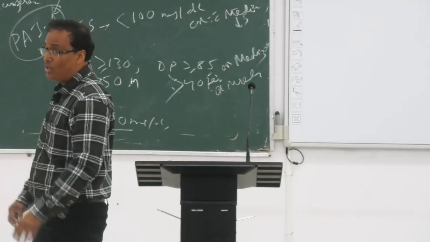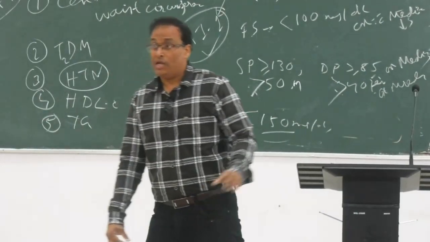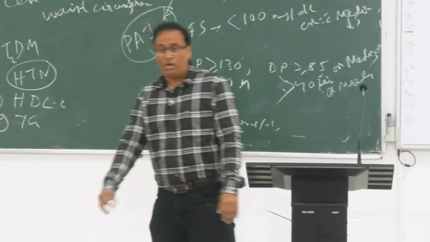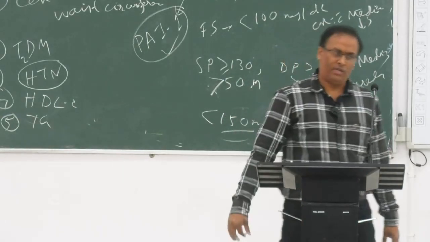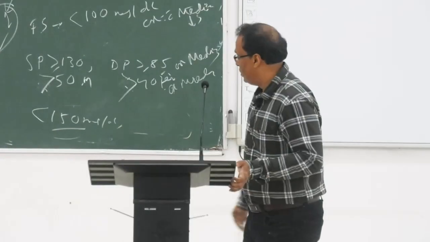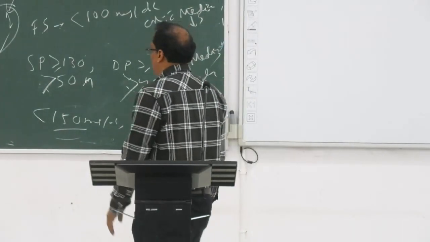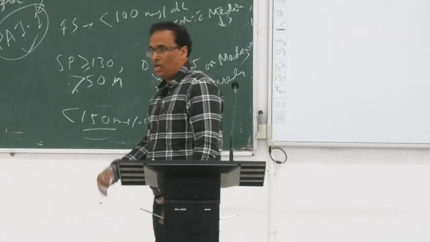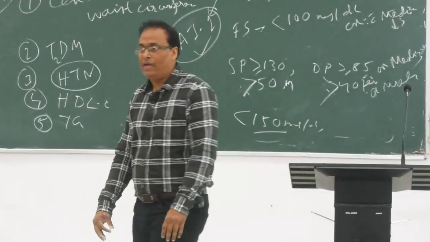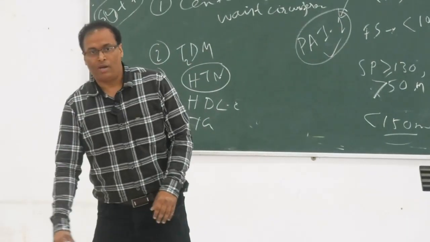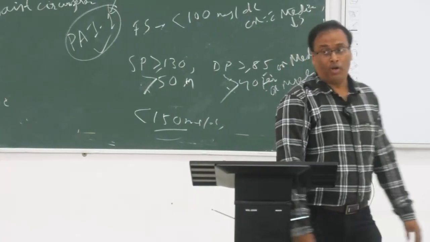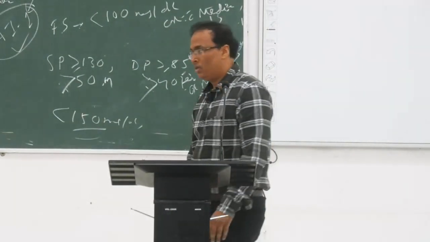Many people say it is diabetes type 3. It is not so well established, but it is written in some journals also. So this happens: cardiovascular accident, CVA, stroke, and then also polycystic ovarian syndrome.